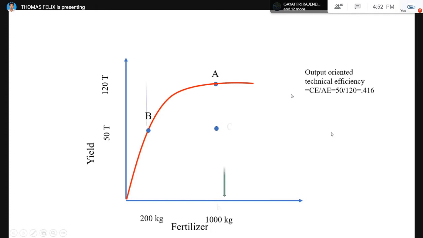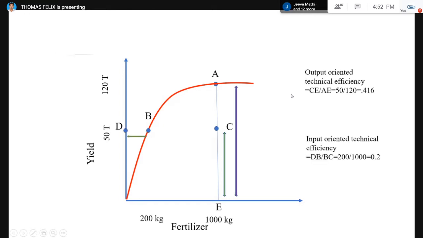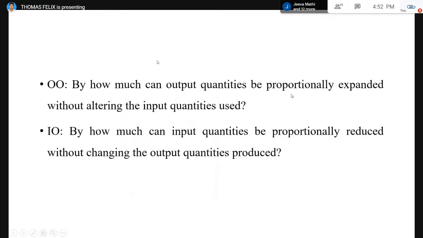So as I said, the output oriented technical efficiency is nothing but how much can output quantities be proportionally expanded without altering the input quantities used. As I said earlier, both A and C used the same level of input, that is 100 kgs of input fertilizer.